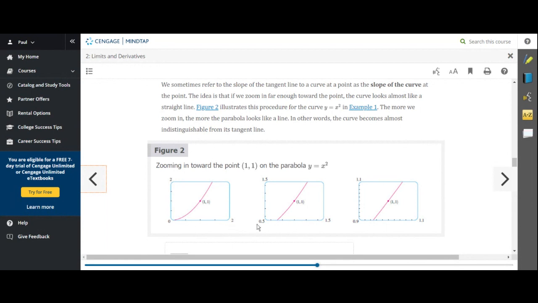So it has a width of 2. The second graph, the x goes from 0.5 to 1.5. So that window has a width of 1. And then the third graph, the window, they're letting go from 0.9 to 1.1. So the width there is only 0.2. So you're closing in, you're zooming in on the coordinate 1, 1.